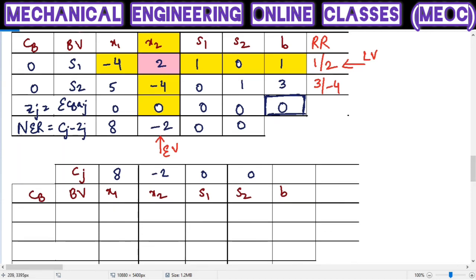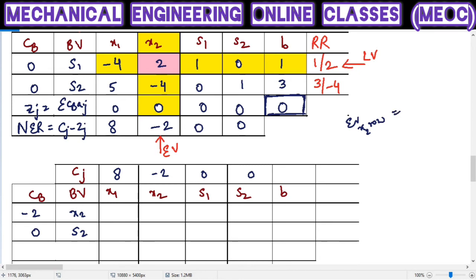What are the basic variables here? In place of S1 comes X2. S2 is as it is. Coefficient of X2 in Z is minus 2. S2 is 0. Now how do we write the entering variable row, which is the X2 row? I told you the X2, S2 variable set should be an identity matrix.